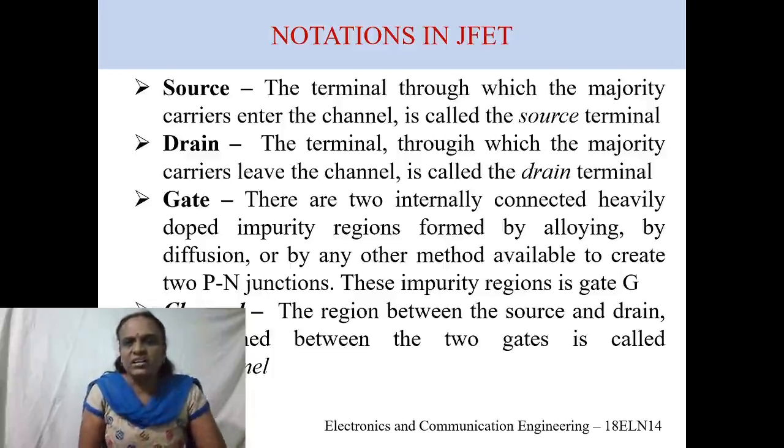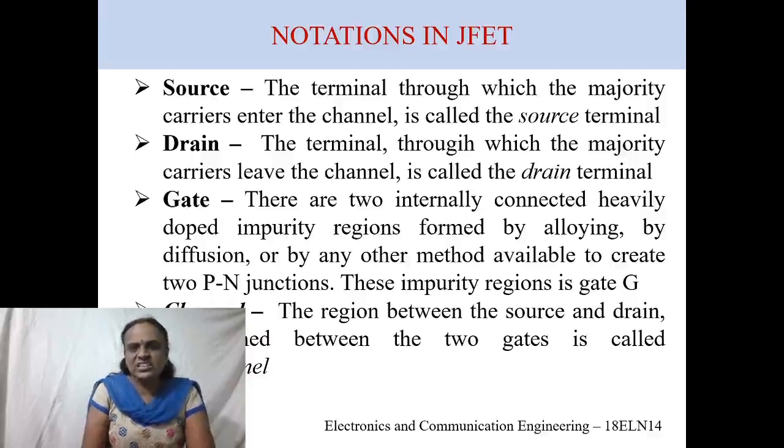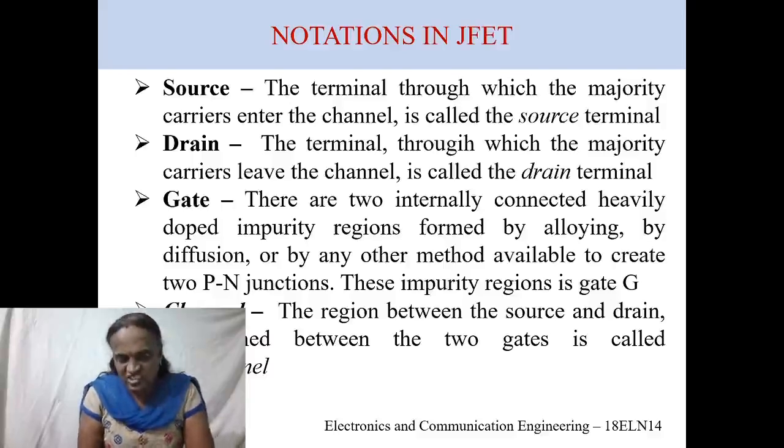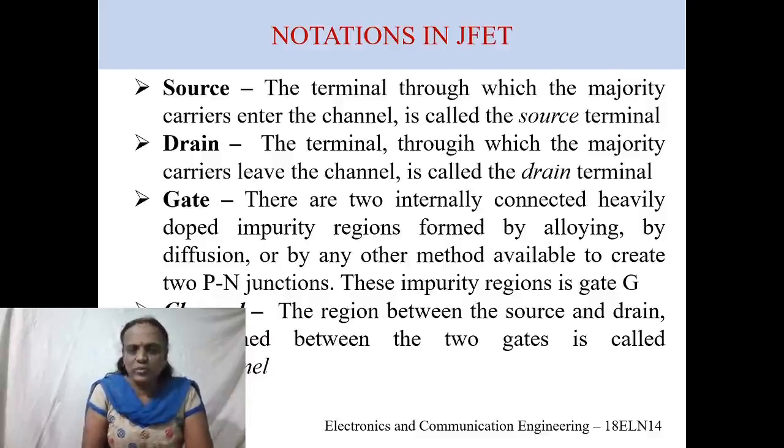Gates are two internally connected heavily doped impurity regions formed by alloying or by diffusion or by any other method available to create two p-n junctions. These impurity regions are called the gate. Gate is represented in the symbolic notation as G and is always present as a metal layer where it contains a silicon bar.